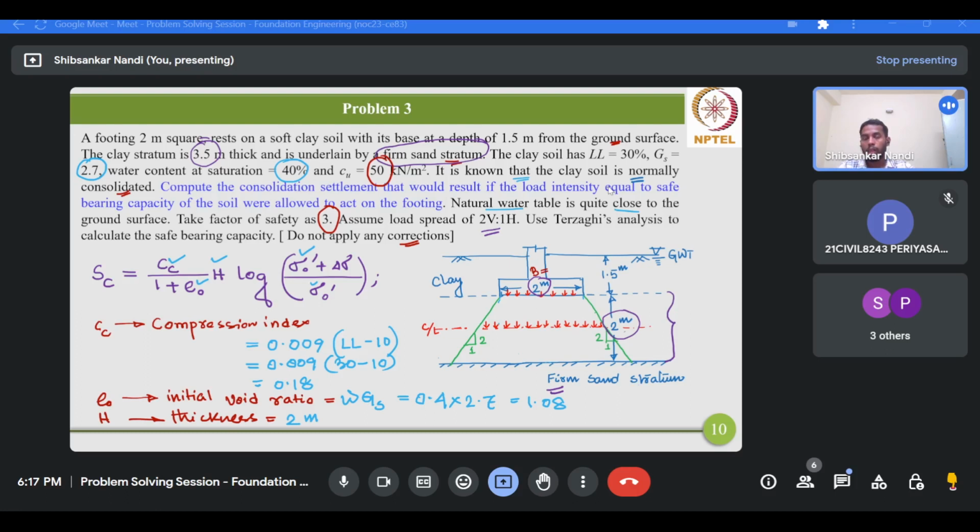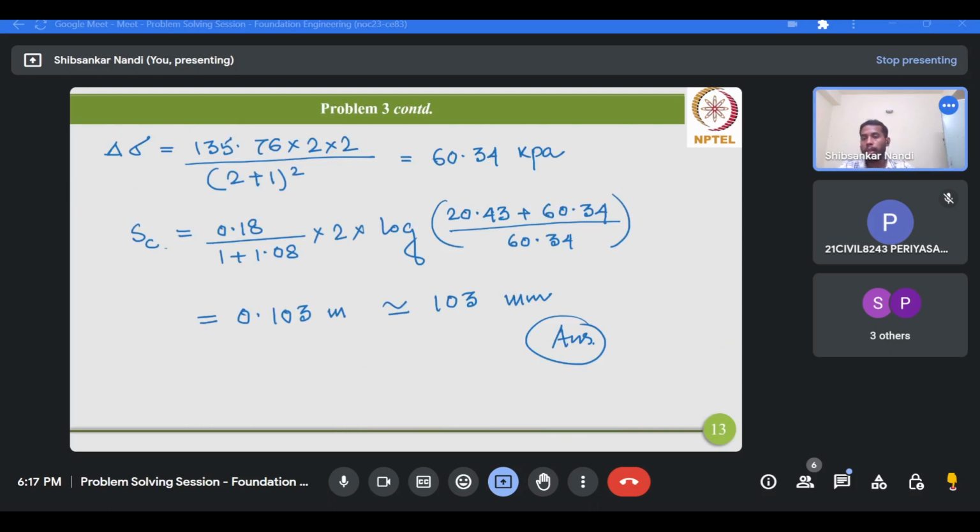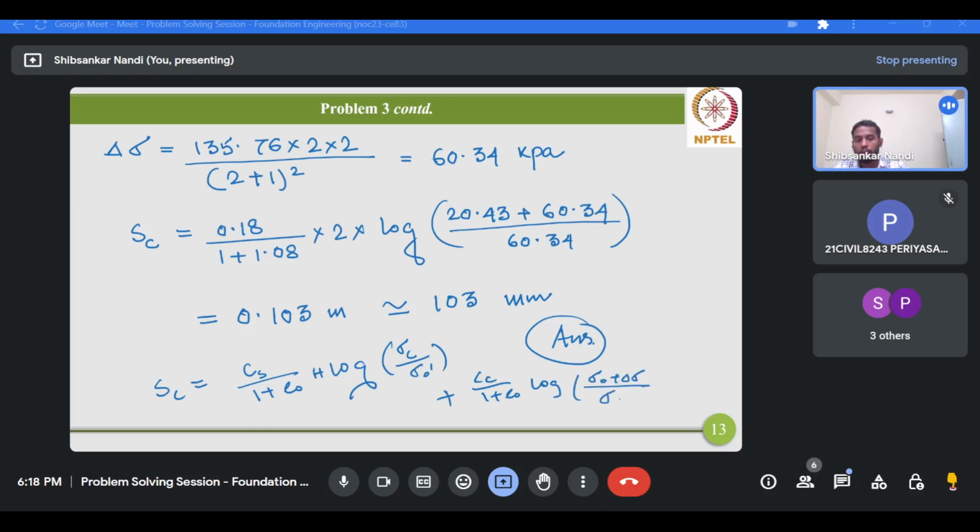Now, if the soil is defined as over consolidated, the scenario will change. For calculating the consolidation settlement, this expression will be modified as Cs over 1 plus e0, times H, times log of sigma C divided by sigma 0, plus Cc over 1 plus e0, times log of sigma 0 plus delta sigma divided by sigma p.